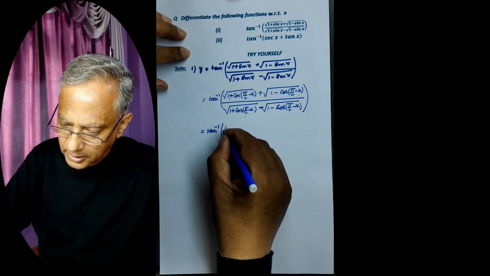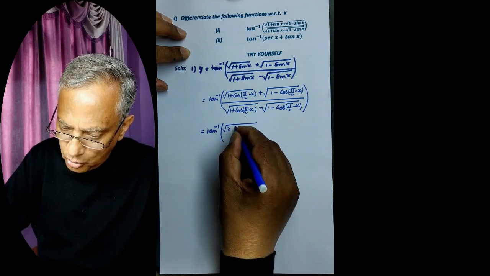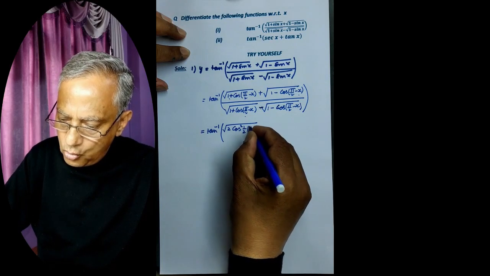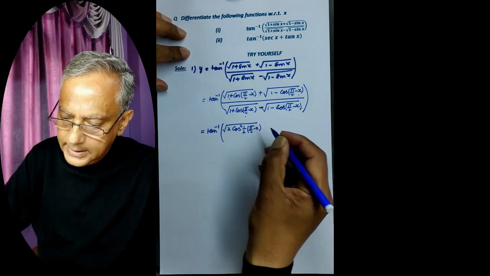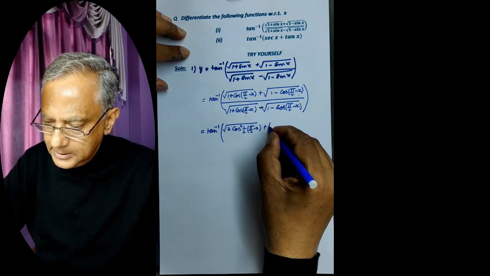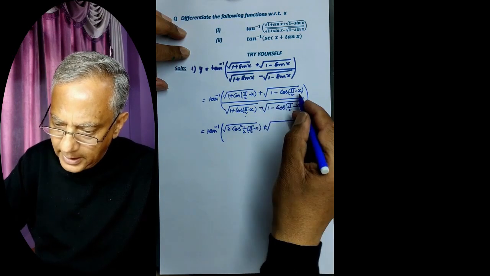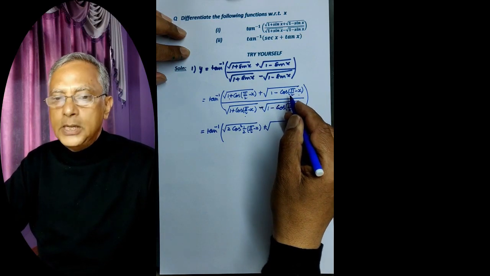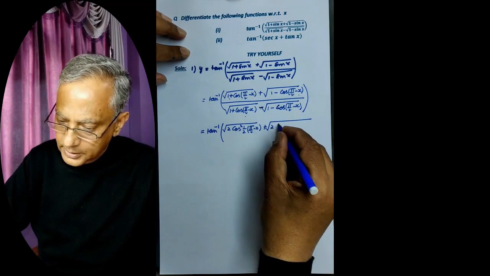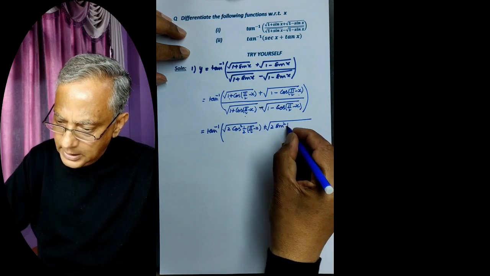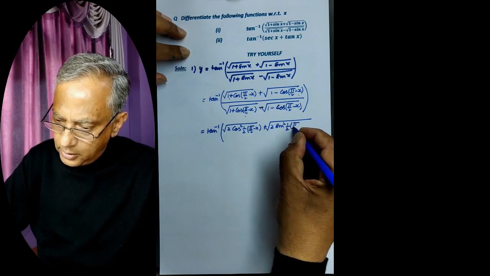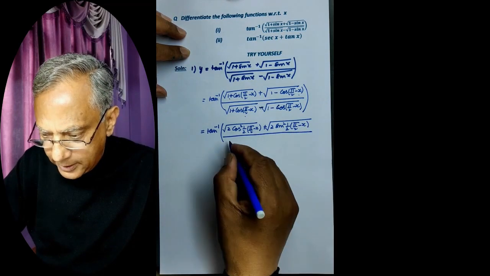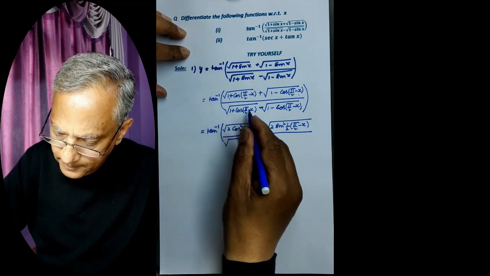So this will be under the root 2 cos square 1 by 2 into pi by 2 minus x, plus under the root, and 1 minus cos 2 theta is 2 sin square theta. We have used this formula earlier. This is 2 sin square 1 by 2 into pi by 2 minus x, whole divided by under the root.